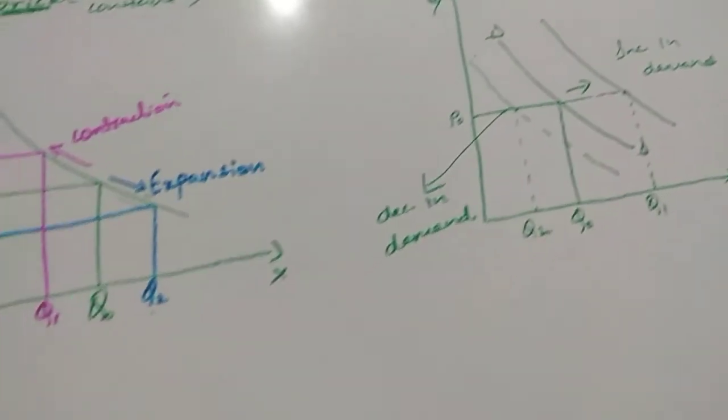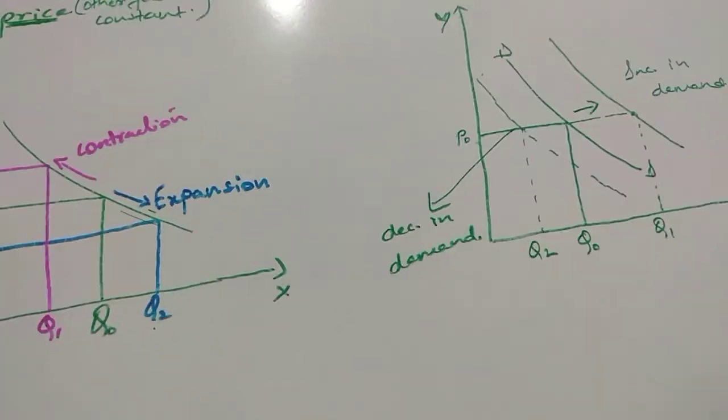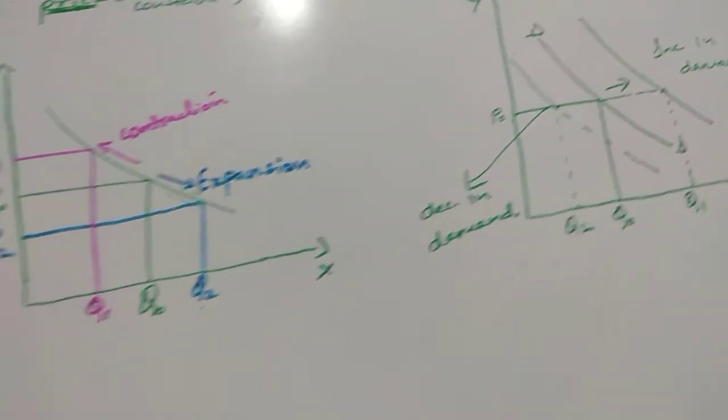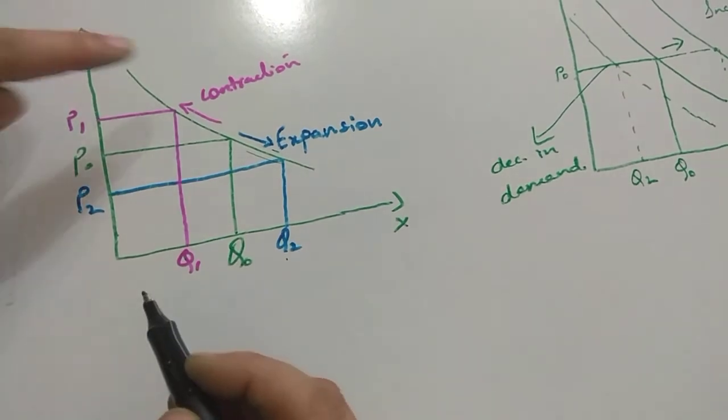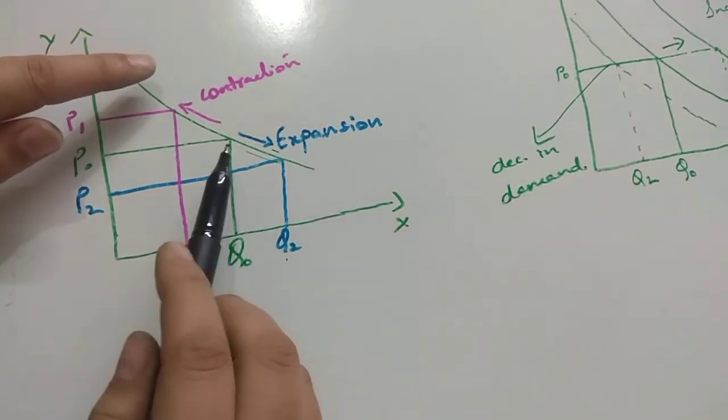So the questions that you are asked in this topic are: differentiate between increase in demand or expansion in demand, decrease in demand or contraction in demand, differentiate between contraction and expansion in demand, and decrease in demand or increase in demand. So when you're writing the difference between contraction and expansion, what will you write?